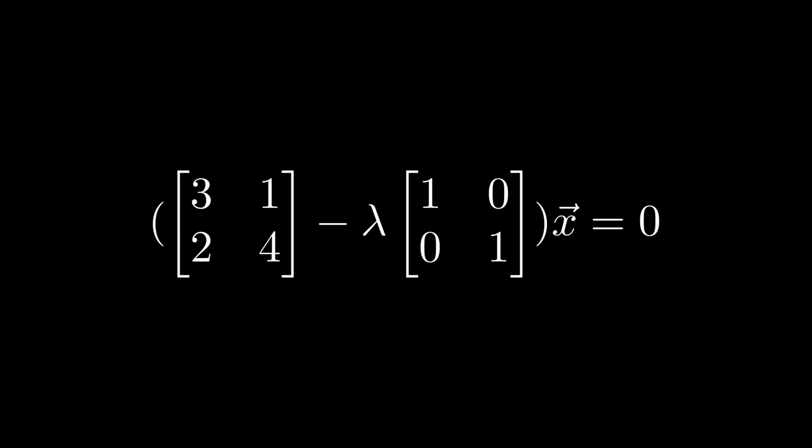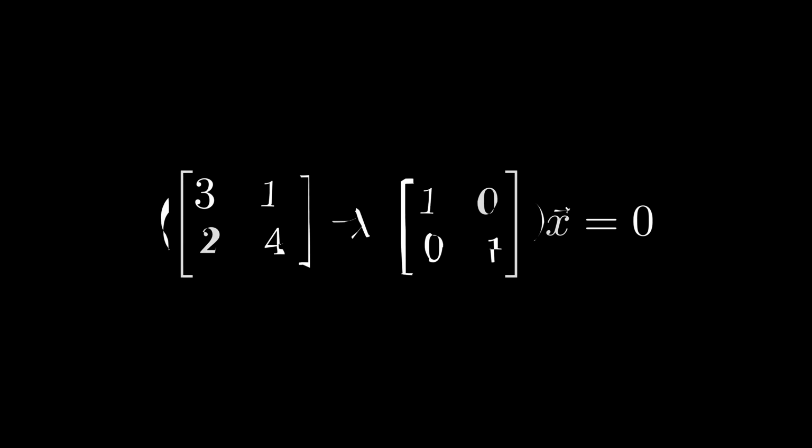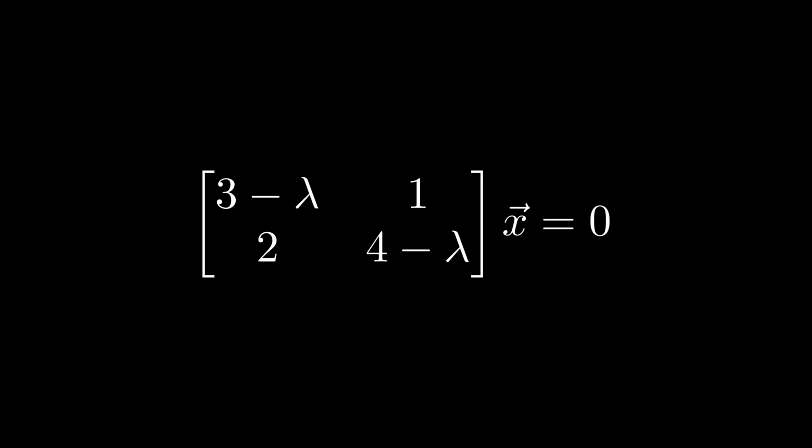Okay, so now we sub in our matrices A and obviously I, and we're just going to combine them into one singular matrix. Now let's assume that x is non-zero because that'd be boring. But if we multiply both sides of this equation by the inverse of the matrix on the left of x, then we're left with x equals 0.